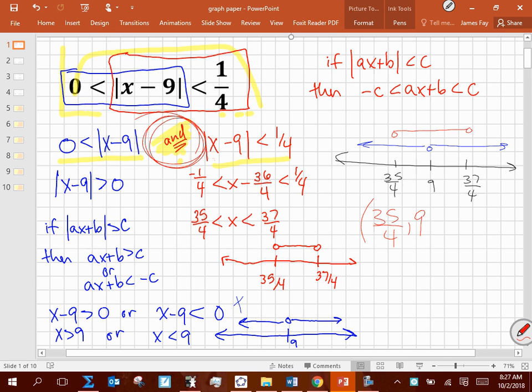You got a parenthesis there. We got a parenthesis around 9. I'm going to jump over 9 to the right-hand side of it, the first number to the right-hand side of 9. And then what's the last number in which they overlap? The last number that I'll use to show where they overlap. 37 fourths. I'm going to include that.